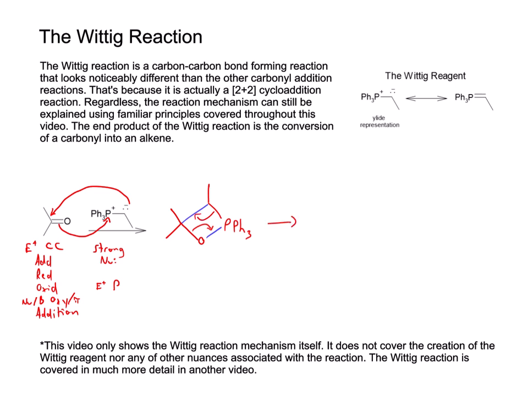This is going to give us a final alkene product that looks like this, and we'll get an OPPH3, a stable byproduct. So as you can see in this final product, we initially took that carbonyl carbon-oxygen double bond and we replaced it with a carbon-carbon double bond. And that is the Wittig reaction.